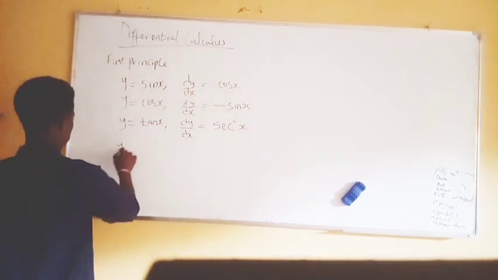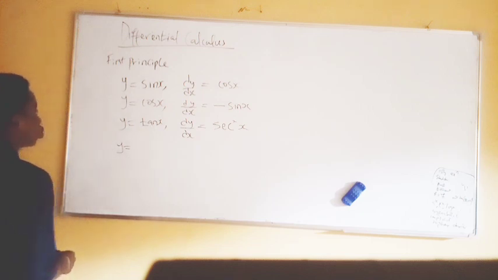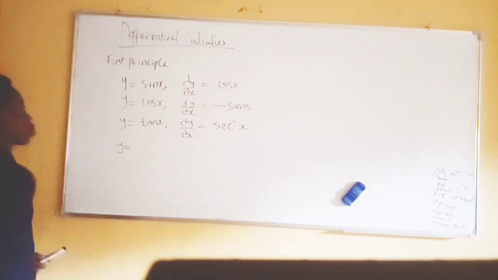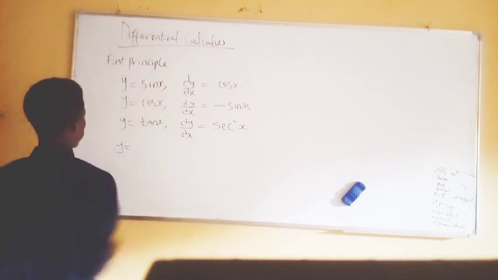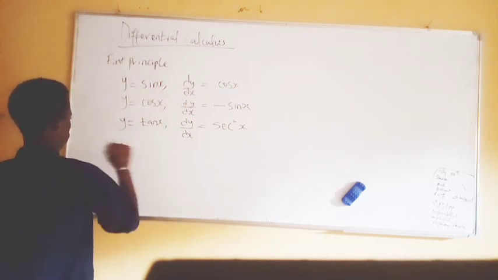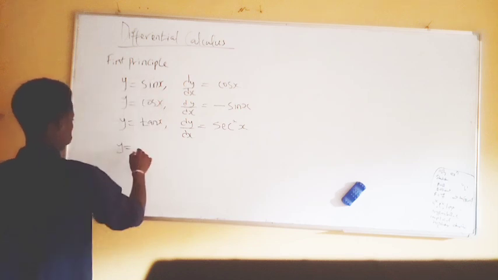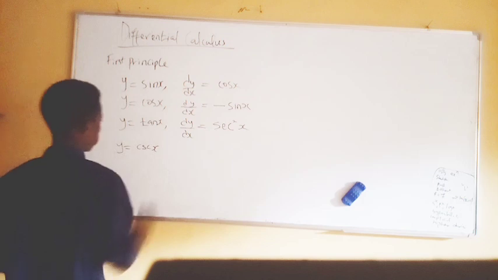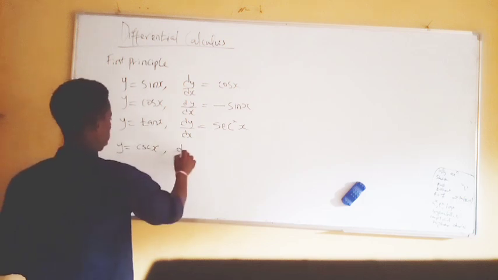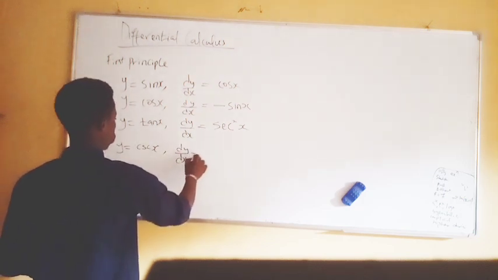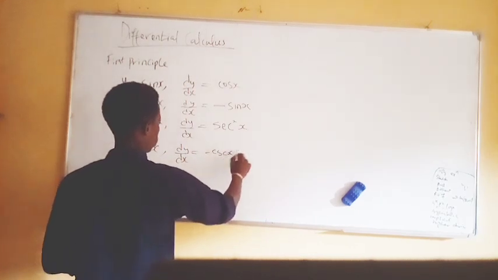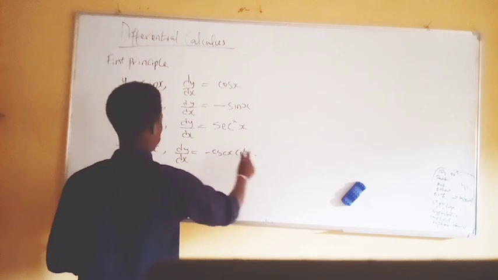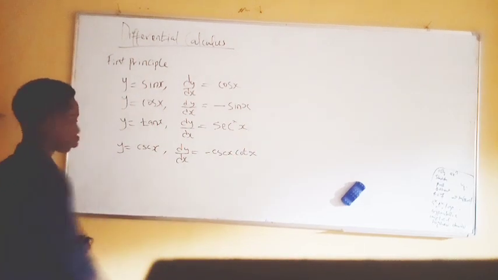If y is equal to, let's use the inverse functions, the inverse of sin x is what we call cosecant of x. The dy/dx gives us minus cosec x cot x. This stands for the cotangent.